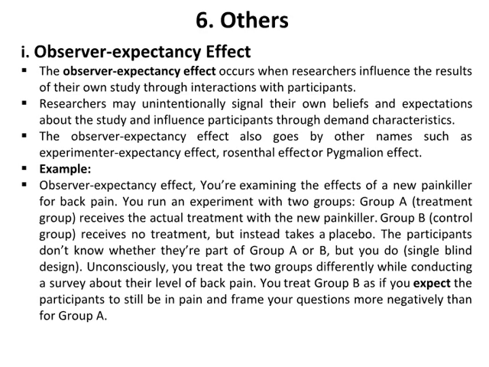The participants don't know whether they're part of Group A or B, but you do. Single-blind design. Unconsciously, you treat the two groups differently while conducting a survey about their level of back pain. You treat Group B as if you expect the participants to still be in pain and frame your questions more negatively than for Group A.